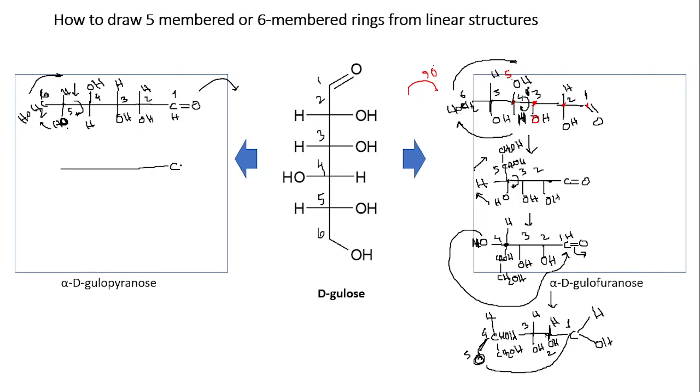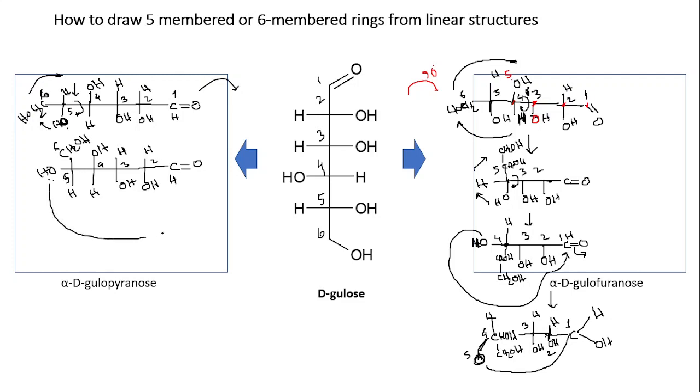So C, O, H, all other carbons will stay the same. OH here, H here, number 2, OH here, H here, number 3, H here and OH here, number 4, and H here, OH here, and CH2OH here, that is number 6. Oh, sorry, number 5, and this is number 6.